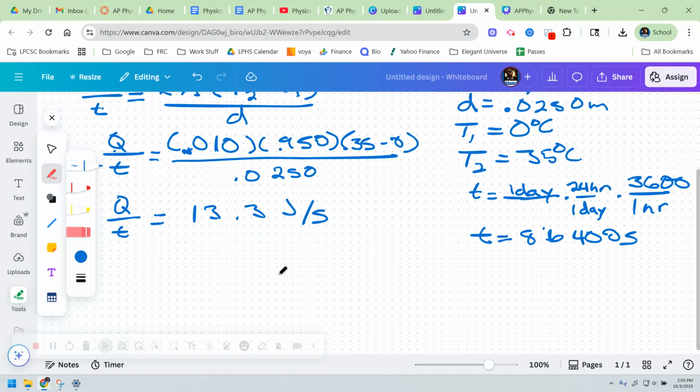But now I have that value, joules per second. And so if I want to find the actual energy, if I want to find Q, Q is technically equal to Q over T times T, isn't it?